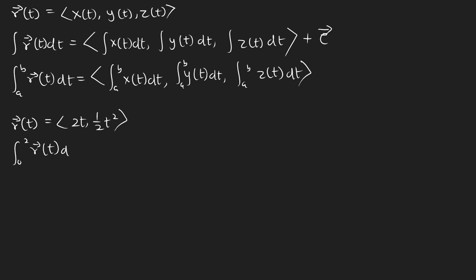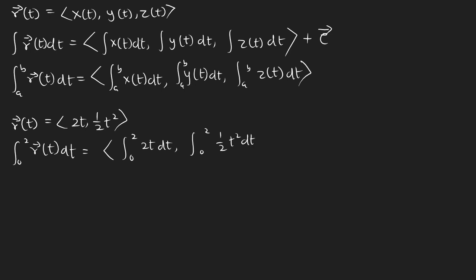So let's look at how you are going to do this. We are going to find the definite integral for each of the component functions, the integral from 0 to 2 for 2t dt, and then from 0 to 2 for 1 over 2 t squared dt.